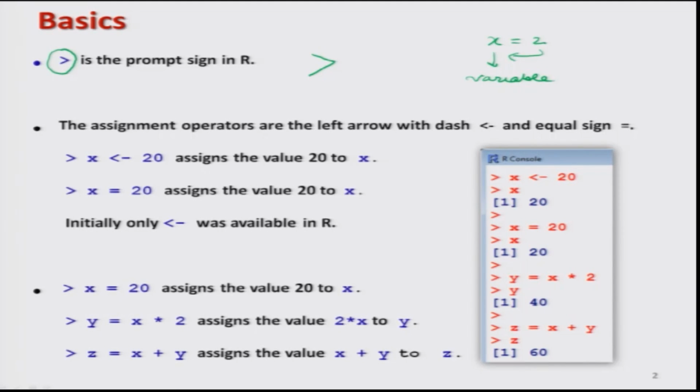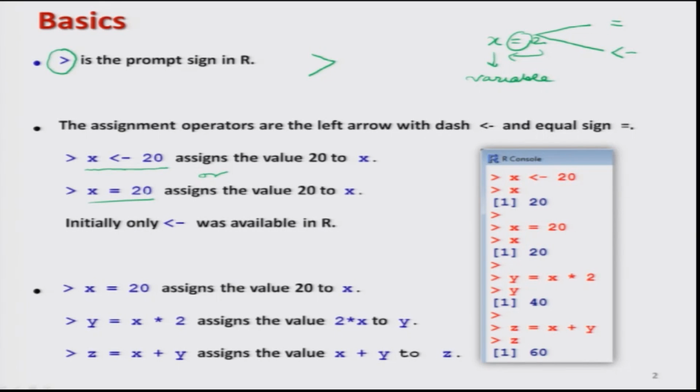If I want to do this in R, I have two options. The equality sign can be used as just an equality sign, and another option is that, instead of the equality sign, the symbol less than and hyphen can be used. So, here I am writing x less than hyphen 20, or I can also write x equal to 20.